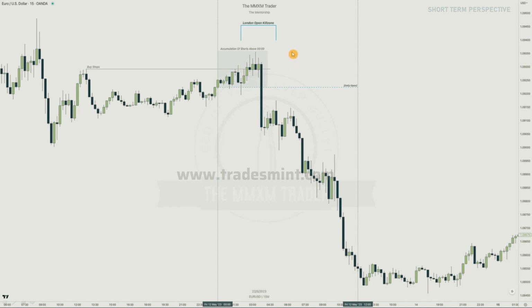London almost always creates high or low of the day unless we hit a higher time frame POI where we can have a reversal, right, during a New York session. But accumulating short orders above that New York midnight open price over here, and then think about order pairing, right? From the core concepts, we've got that order pairing above those buy stops, and then they drive price down lower during the London kill zone too, breaking structure lower, and then for us we wait for that specific time frame, right, at 8 a.m.